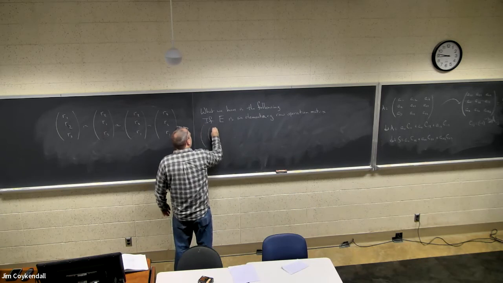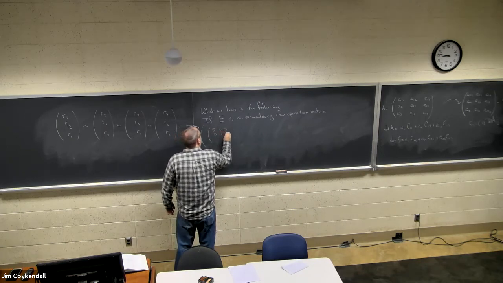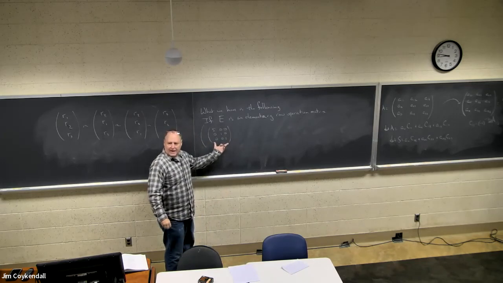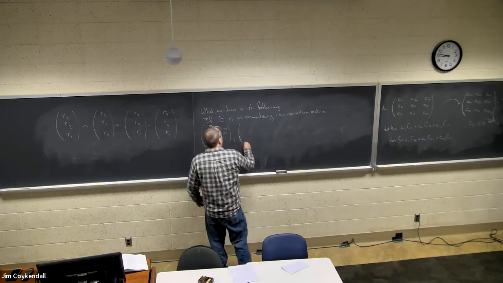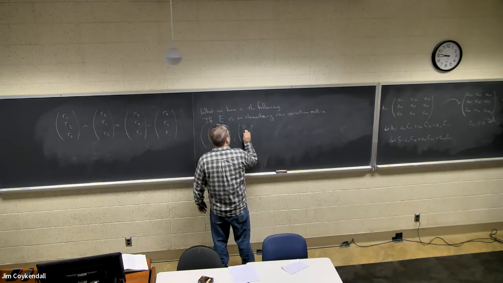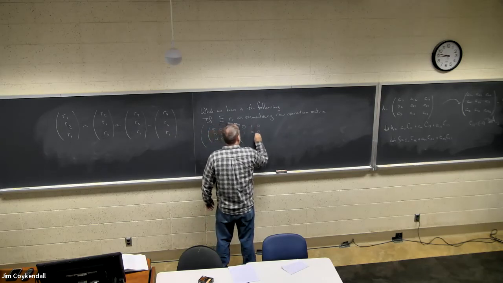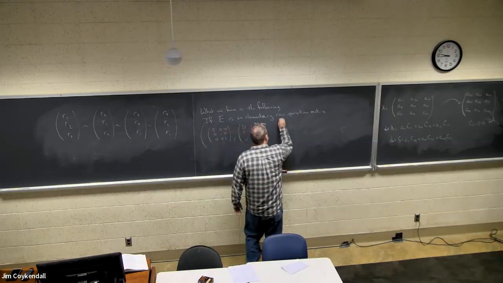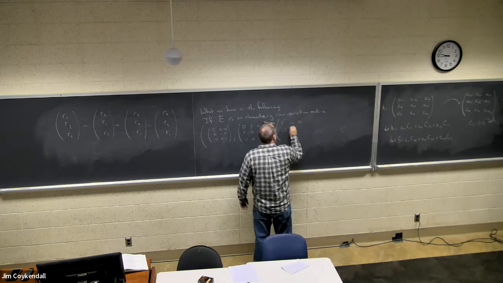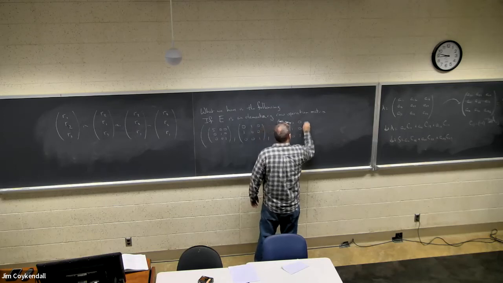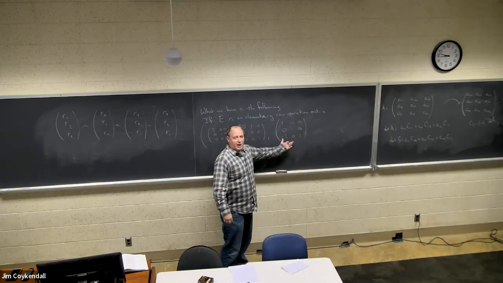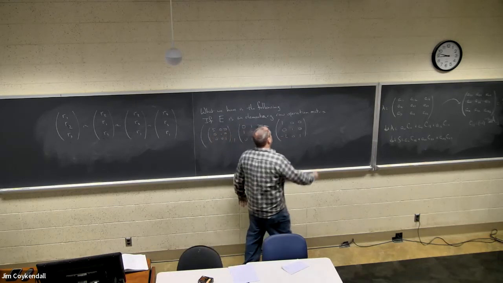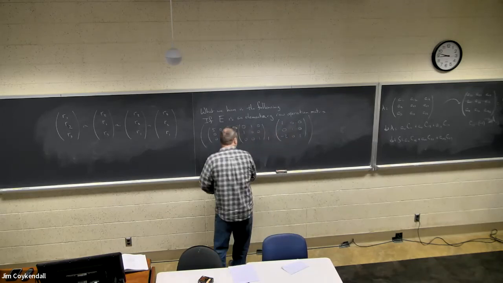In our previous examples, something like this, where it multiplies the first row by 5, or something like this, where it swaps the first and second rows, or something like this, where it multiplies the top row by -2 and adds it to the bottom. These are prototypes of these elementary row operations.